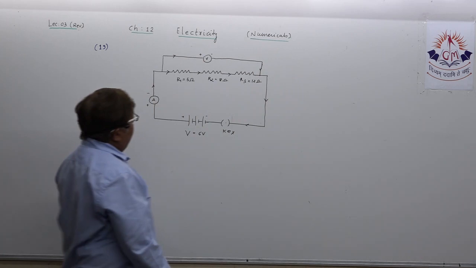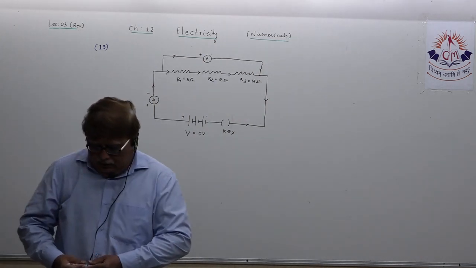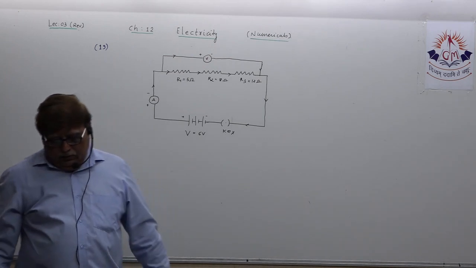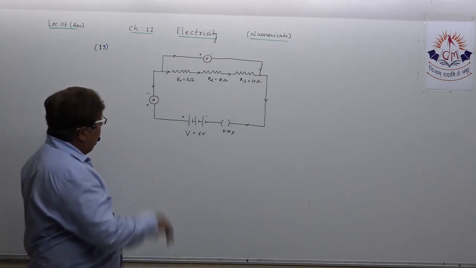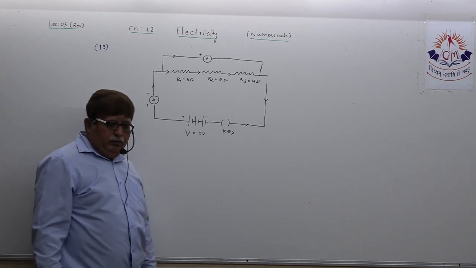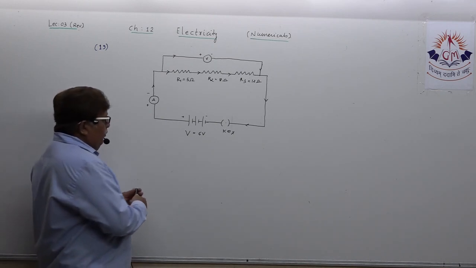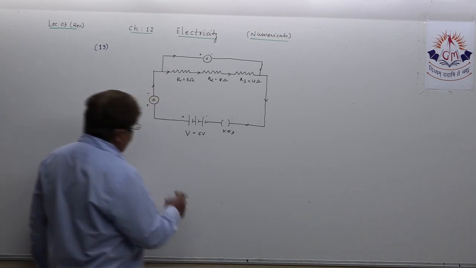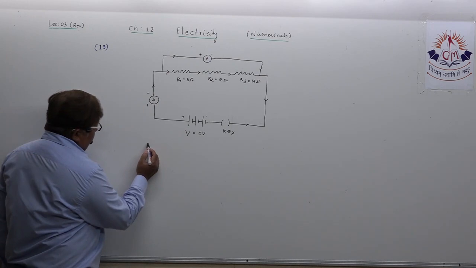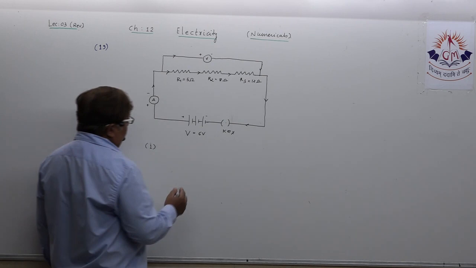After you draw the schematic diagram, they are demanding two things: total resistance of the circuit as well as current flowing in the circuit. Okay, you all know very well it can be done quite easily, understand, but first you need to mention this. What?